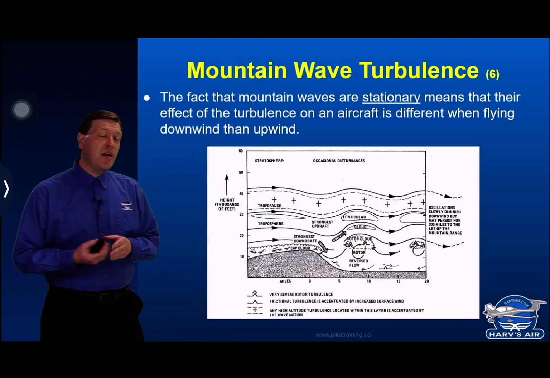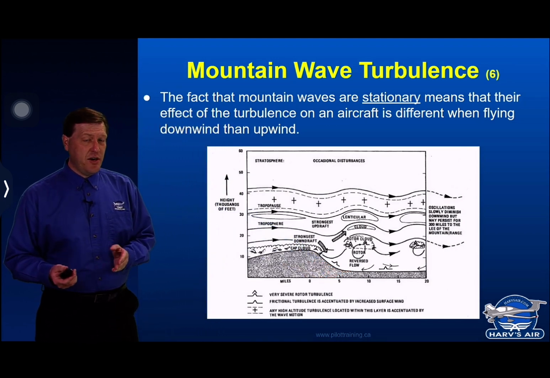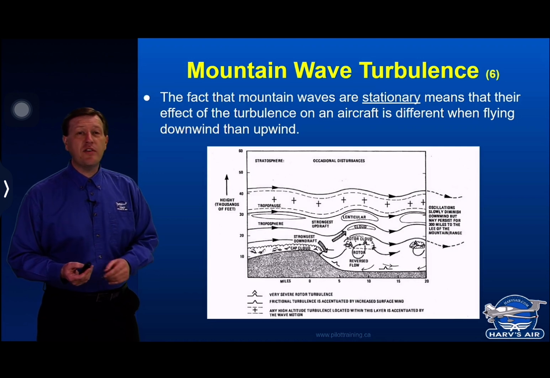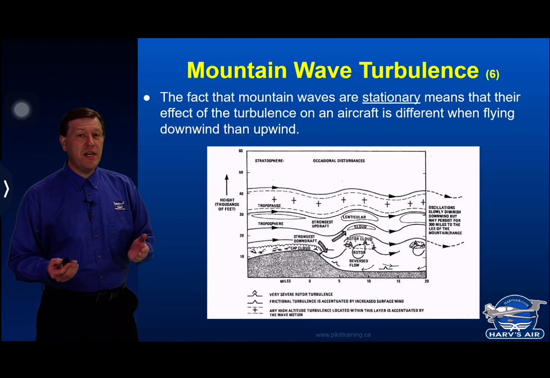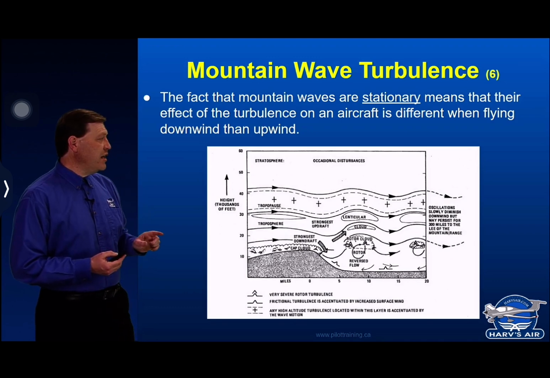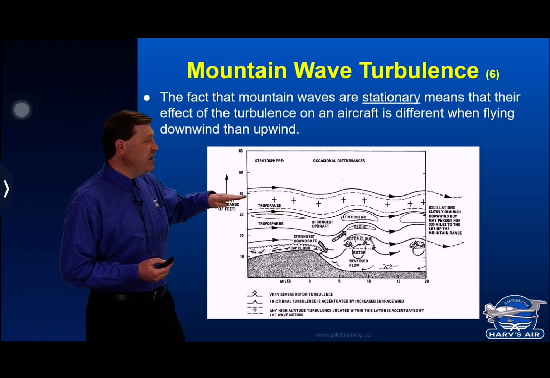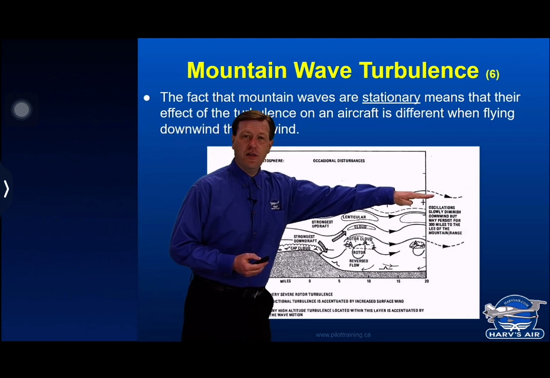So, since mountain waves are fairly stationary, this can have differing effects for you depending on which way it is that you're flying. Let's imagine an airplane that is flying in this direction.